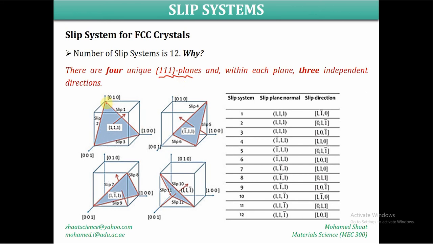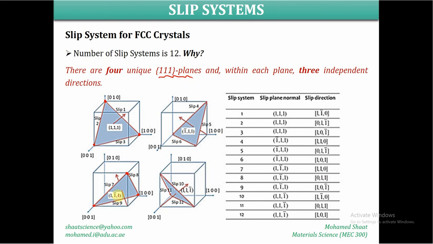One of them is the 111 plane, which connects this point, this point, and this point at the other corner. Also, we can turn this plane the other way around: instead of connecting this point, we connect this other point to the same 2 points. This gives you another plane, but the indices of this plane will be 1, -1, 1.